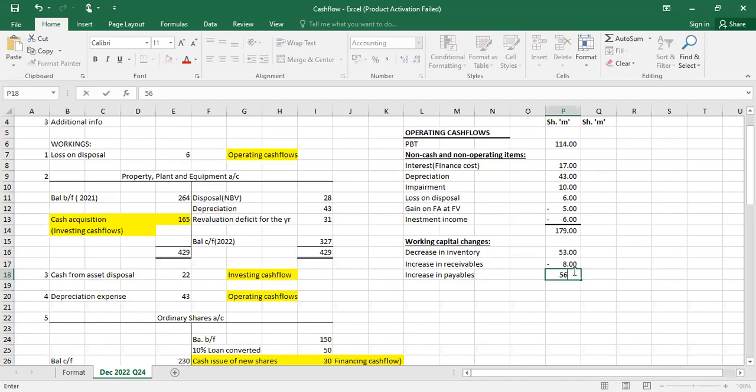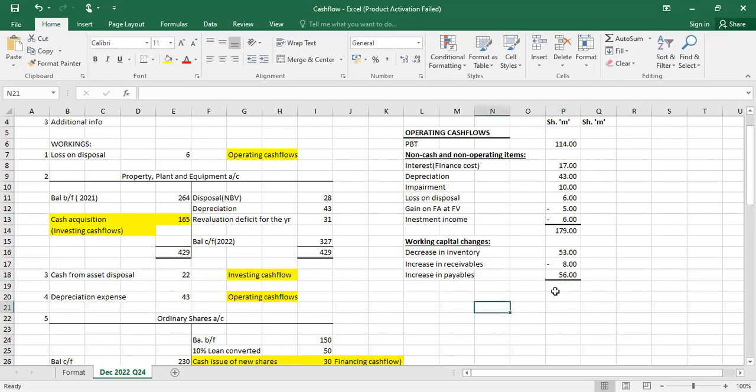By 56. And when liabilities increase, it means you have saved cash, you have retained cash, and so that's a plus. When liabilities decrease, it means you have paid for them, so a decrease should be a minus. That is it for the working capital changes.